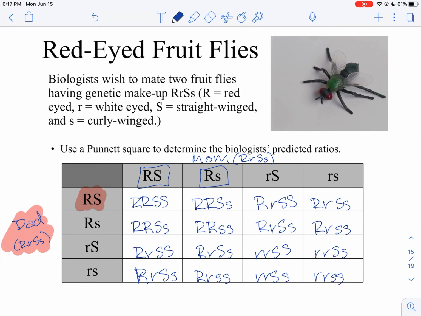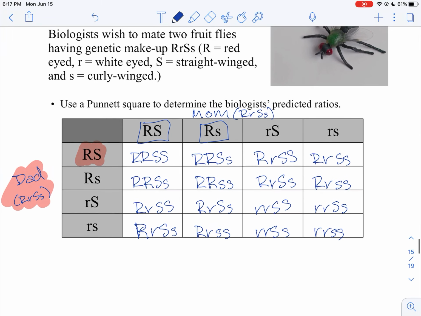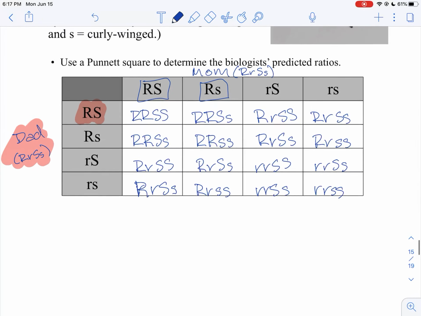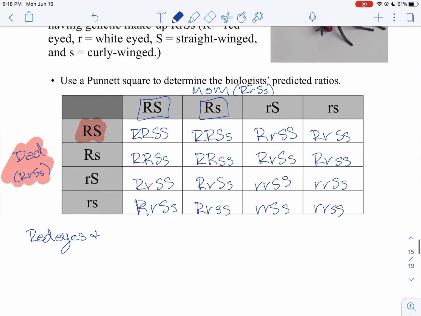So we're looking at the ratios. For our red eyes and straight wings, that would be our two dominant traits, right? That would happen whenever we have both the capital letters R and capital S. So let's see how often that happened.